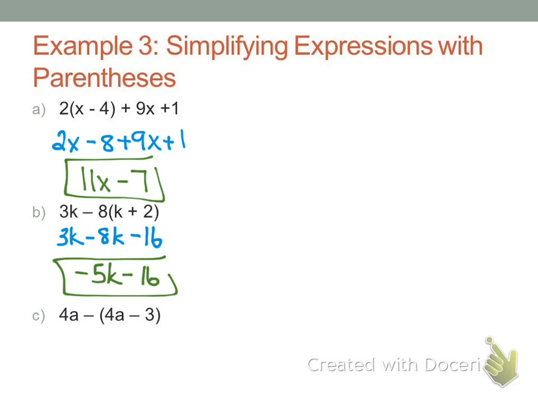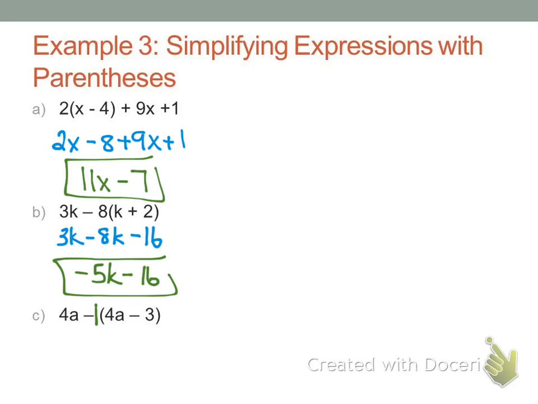Right, now, C is a little bit different because there is no number between the subtraction sign and the parentheses. Anytime there is no number between the subtraction and the parentheses, I'm going to place an understood 1. If there's a subtraction sign and then a grouping, a parentheses, I'm going to place an understood 1 there. Okay?